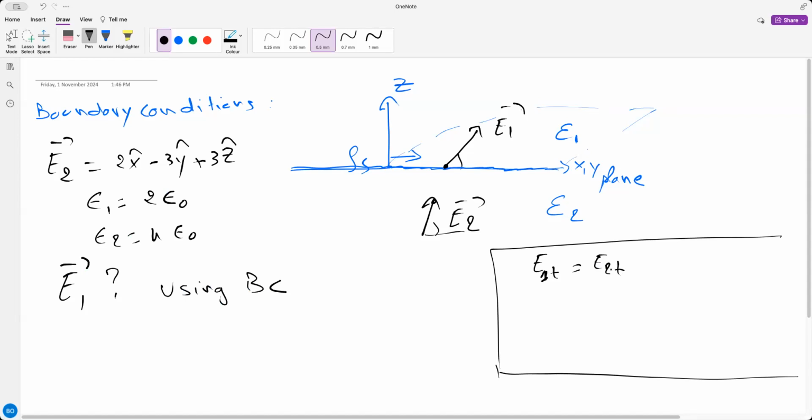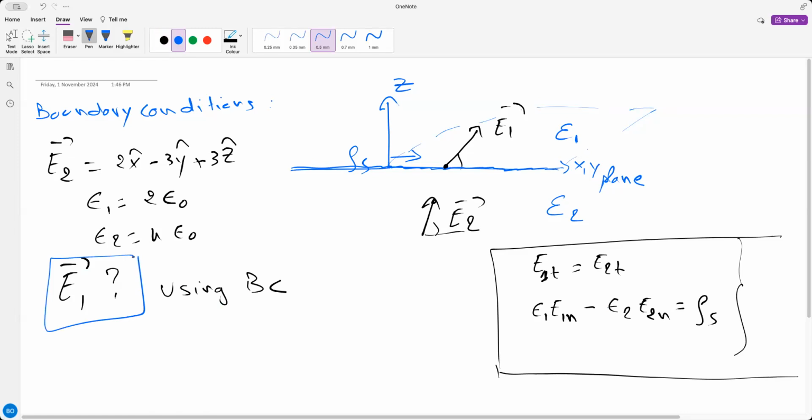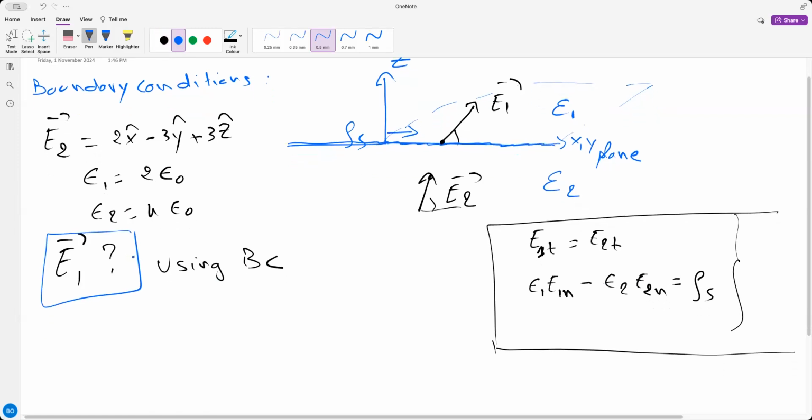It is also telling us that the normal component of epsilon 1 E1 minus the normal component of epsilon 2 E2 is equal to the surface charge density. Are you following? So I need to use this to get the component of E1.